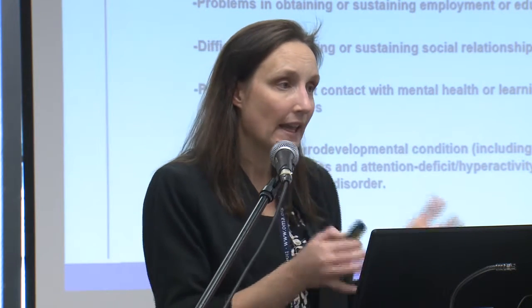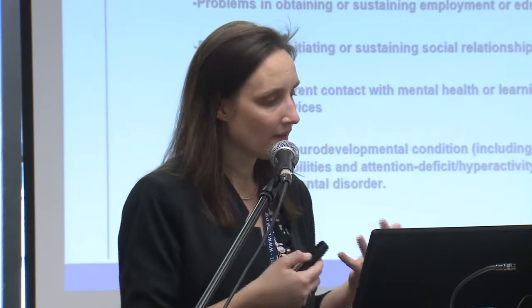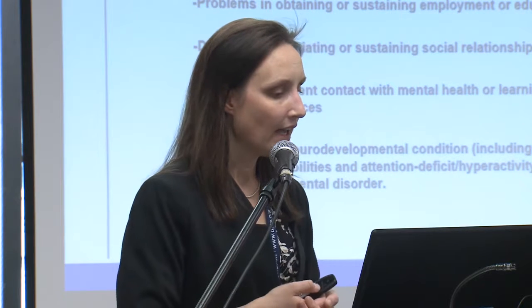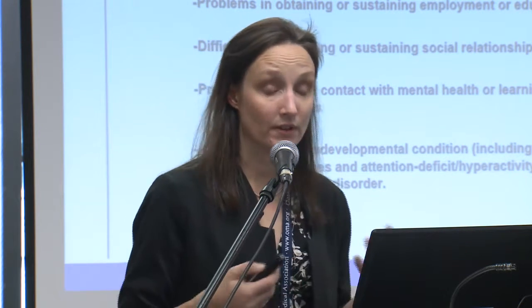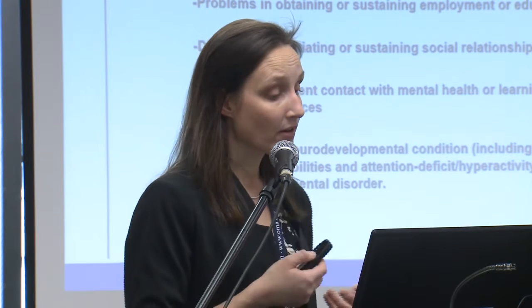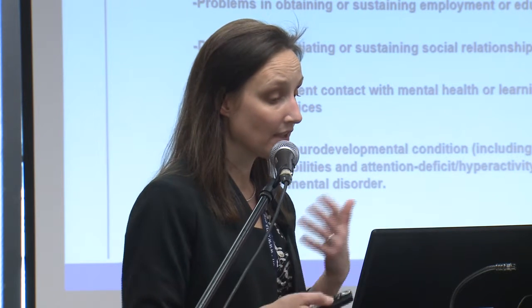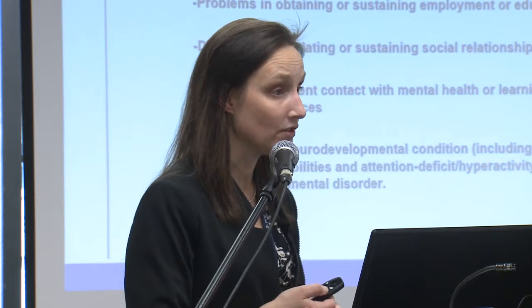We're not talking about playing or pretend imitation. What are the things that this manifests as in the adult arena? And so these are things like problems obtaining or sustaining employment or sustaining social relationships, persistent or current contact with mental health or learning disability services, and a history of a neurodevelopmental condition like learning disability or ADHD or mental disorder.